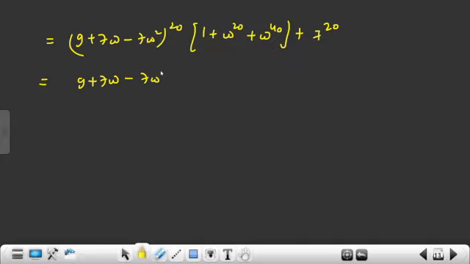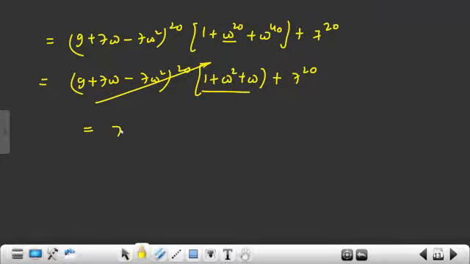We can't solve this, very high power value. Omega 20 is omega square and omega 40 is omega. So 1 plus omega plus omega square is 0, and what is the answer? 7 power 20. I can write it as 7 square power 10. Remember, because they have given m power 10. Here even very good students, the toppers also, will make the mistake in a hurry.